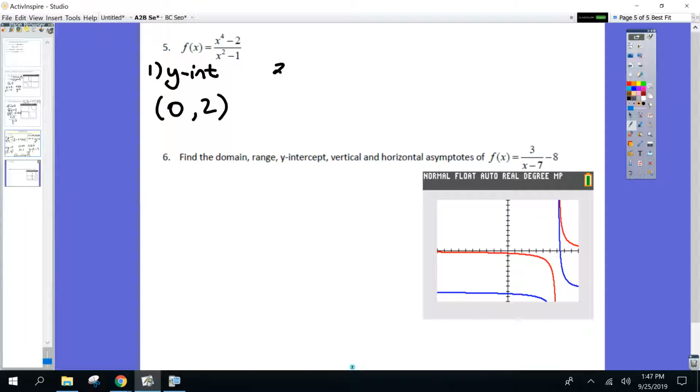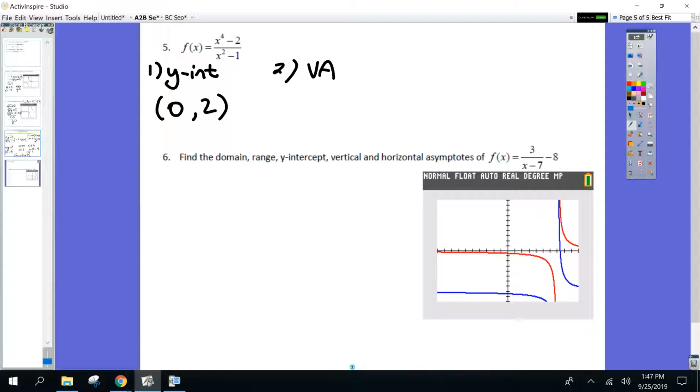Excellent. Now the vertical asymptote. Think about it: it's related to the domain, which makes it undefined. Half correct. There are 2 values that make it undefined, 1 and -1. Why?